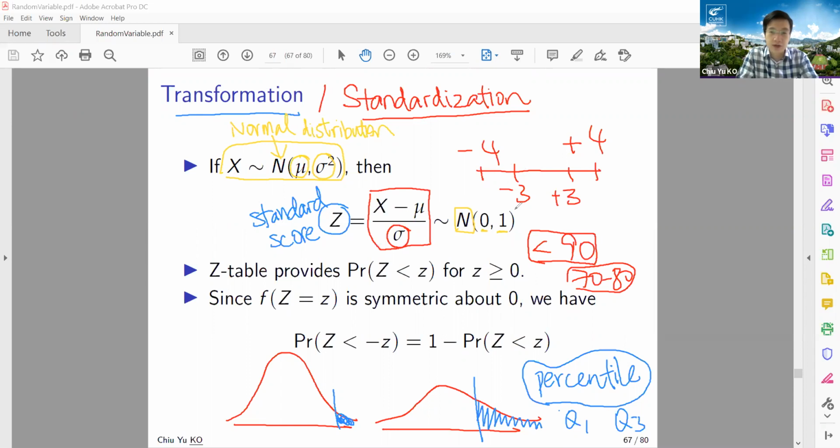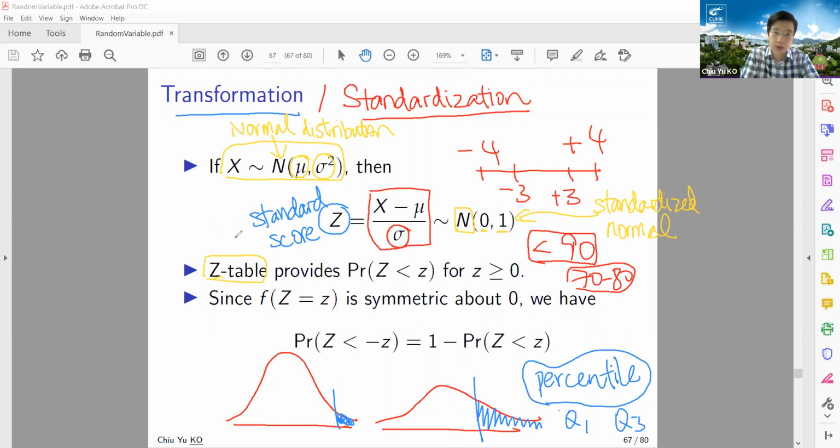And if we just figure out how the normal with mean 0 and variance 1 works, this is called the standardized normal. If we know how to evaluate the standardized normal, we're done, okay? And the Z table, later we'll consider this.